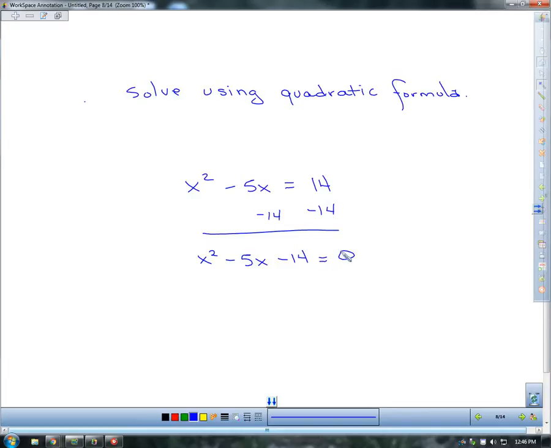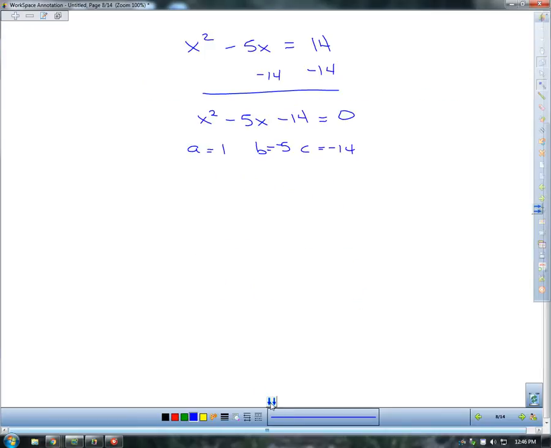Then we will find our a, b, and c. a is 1, because that's the coefficient of x squared. b is negative 5, that's the coefficient of x. And negative 14 is c, because that's our regular number.